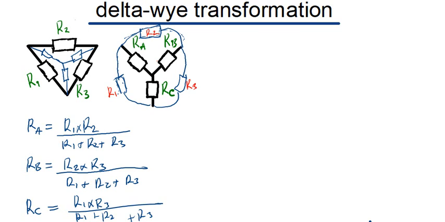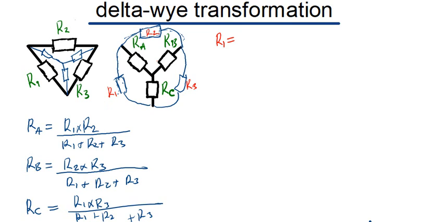Now the question is, we will start with R1. How do we come up with our R1, using the data that we have from the Y circuit? What you observe here is that this R1 is opposite to RB.